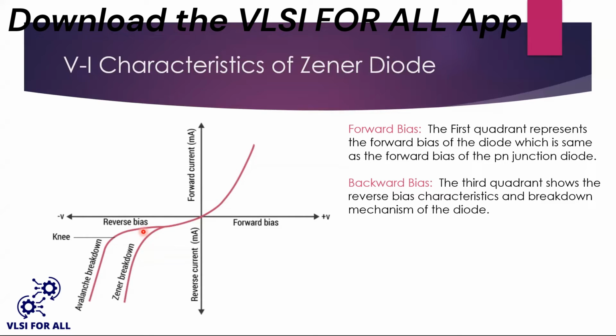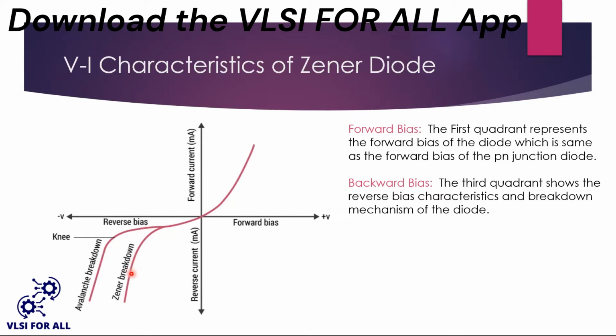Due to this, a larger current is generated, with easy and more flow of electrons and holes, those minority carriers, for a small increase in voltage itself, around millivolts. A huge amount of current flows, as a huge number of holes and electrons are moving, and you can see the huge amount of current there.